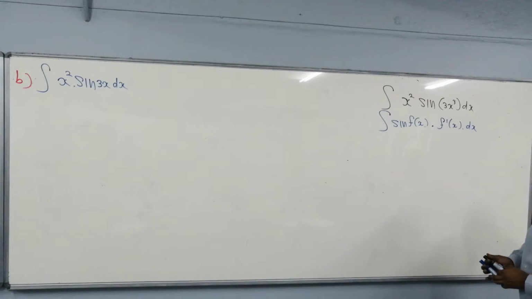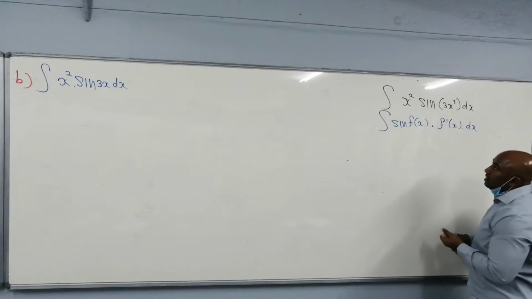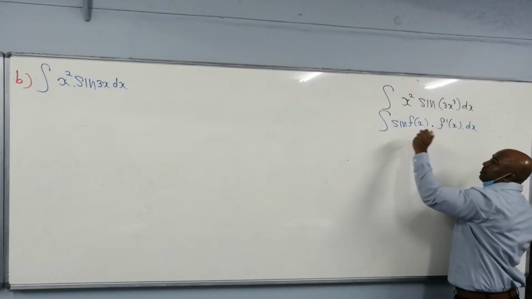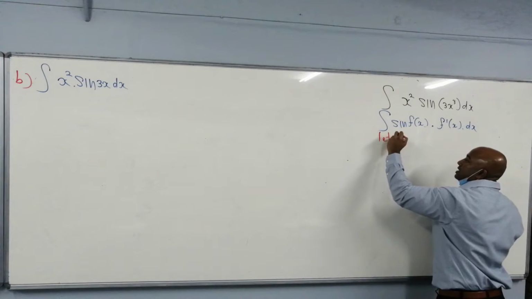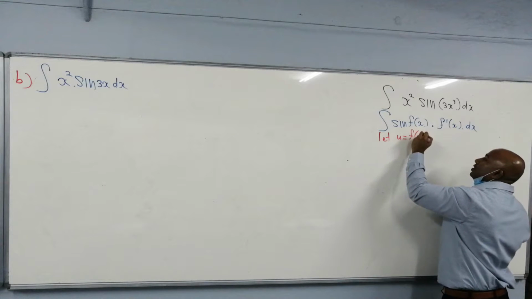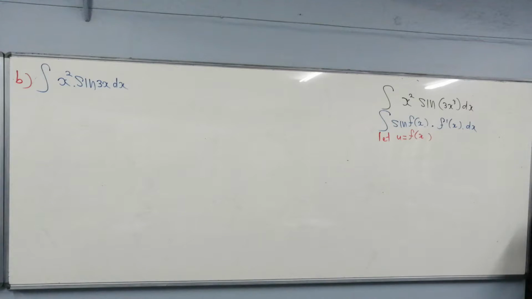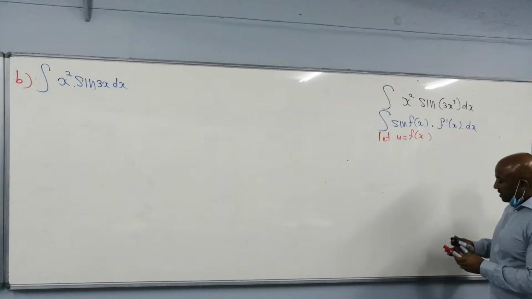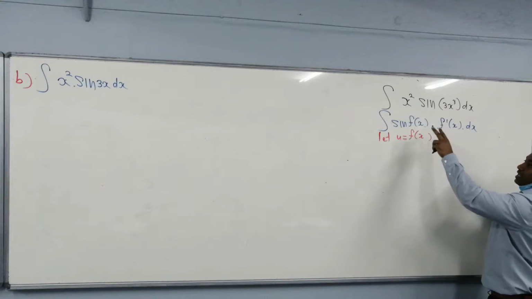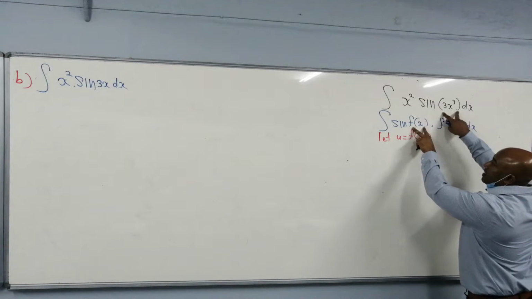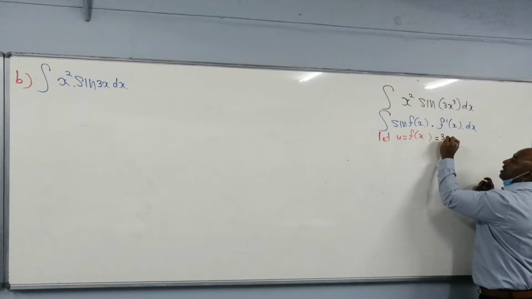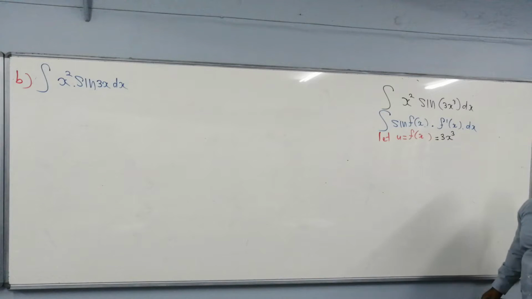So, how will I integrate this here? If I have an f of x, f prime x situation, always let u equal to f of x. Right, so you always let u equal to f of x. So in this case, f of x is this part here, which is 3x to the power 3.